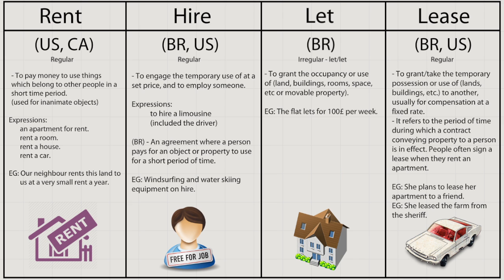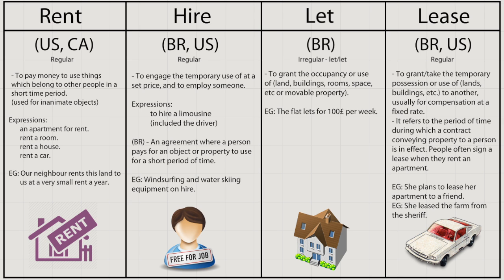Okay. The example I gave is our neighbor rents this land to us at a very small rent a year. As you can see, it can be a noun and a verb at the same time. Okay. Hire is used mainly in British English and in the US for other things.